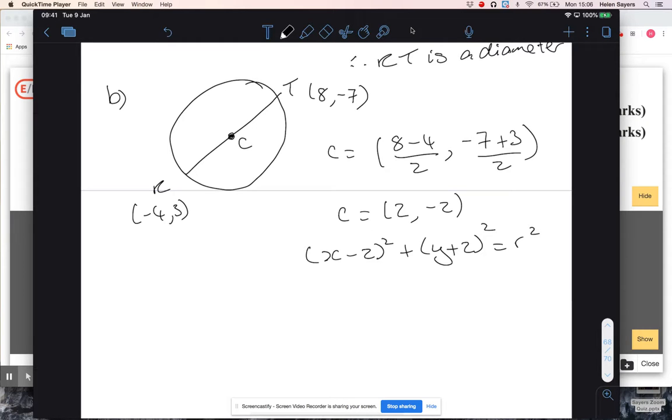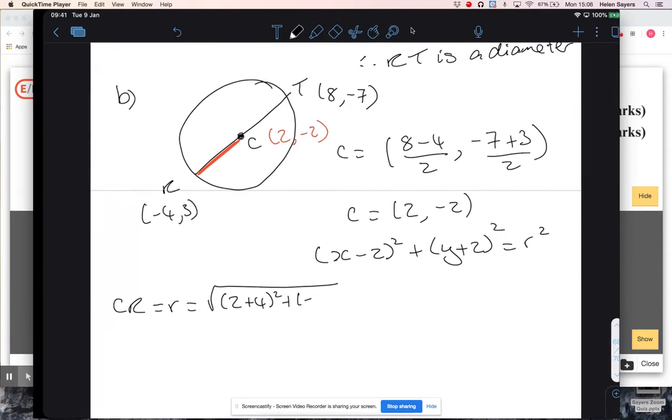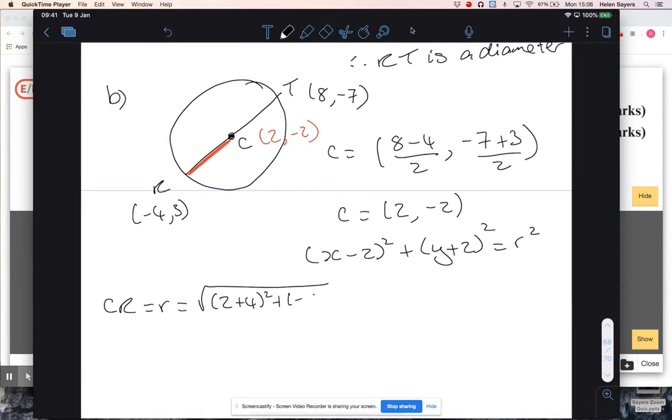And then the radius. So for the radius, now I've got the centre, I can either just do the distance from the centre to R or the centre to T, or I can do the distance between R and T and then halve it. Okay, so let's do from C to R, because that's going to be the radius. So that would be the square root of 2 minus 4 all squared plus minus 2 minus 3 all squared.